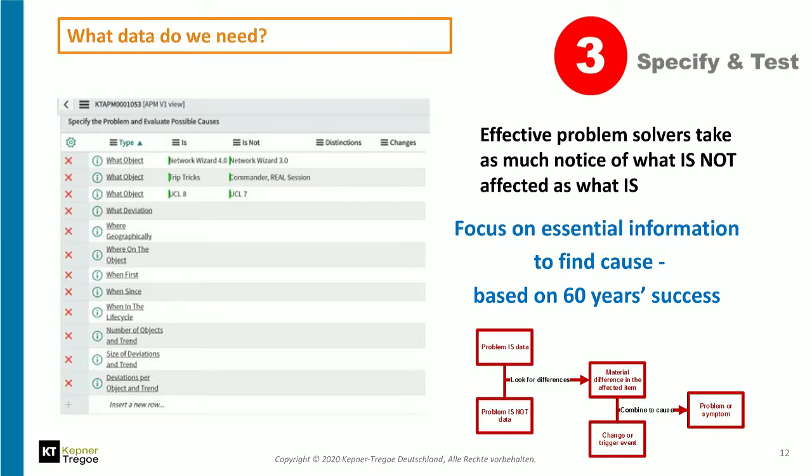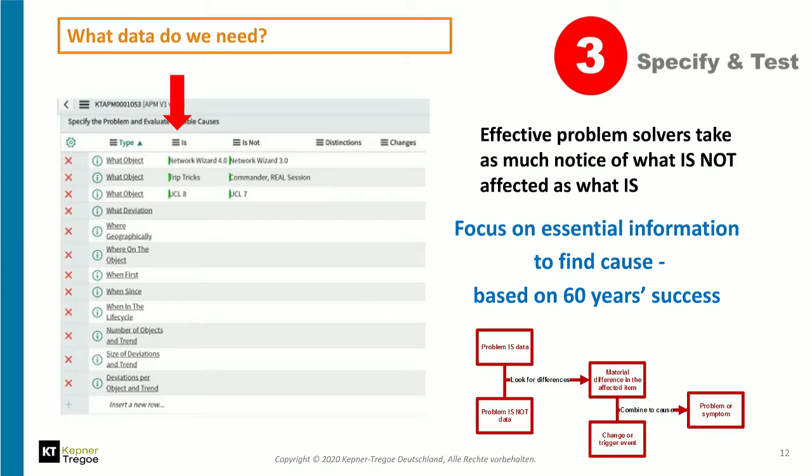One key challenge in conducting a root cause analysis is to know what data is actually relevant for your issue and to read the data properly so you can derive the right conclusions from it. Here, we want to find the most essential relevant data that should help us speed up finding the root cause. On one hand, we gather data about what the problem actually is. We call it is data.